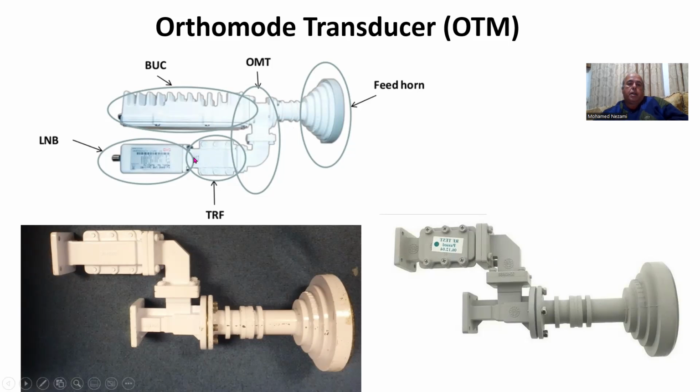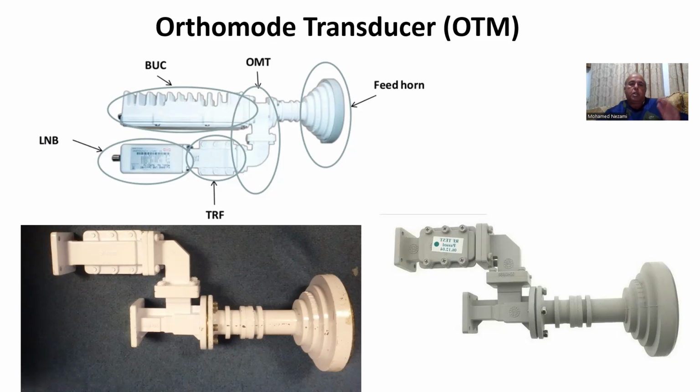And likewise on the other side, for the OMT, this port is a rectangular waveguide, and this one is a rectangular waveguide as well. Of course, in this case, you've got an F connector here, and that's the appropriate connector that interfaces between this assembly and the modem, okay?